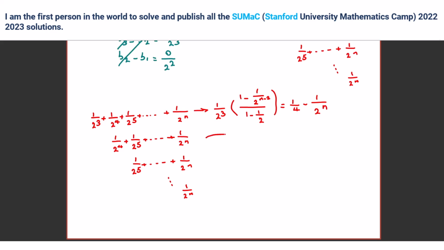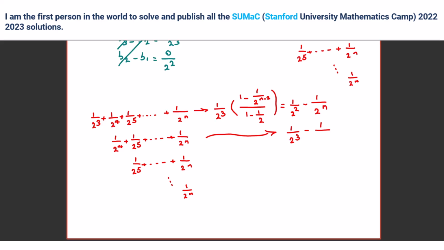Oh, okay. So similarly, what would it be? What's the next line equal to? Instead of 4, we can write it as 2 squared. What's the next line equal to? 1 over 2 cubed, but not minus 1 over 2 to the n minus 1. Just calculate and simplify it.